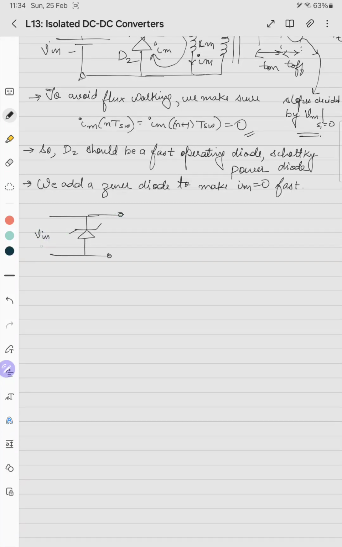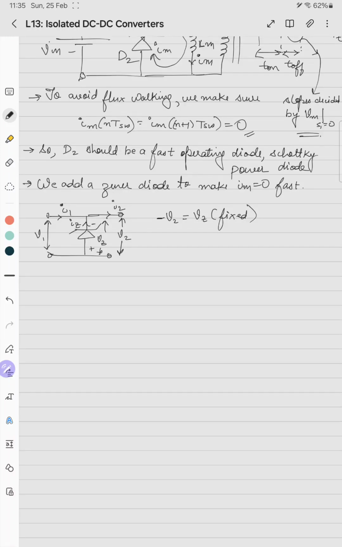Say this is V1, and this is V2, and this is some I2, this is VZ, and this is IZ, and this is I1. So V2 is equal to VZ, which is almost fixed. VZ is fixed, and if this is the convention, then this becomes minus.